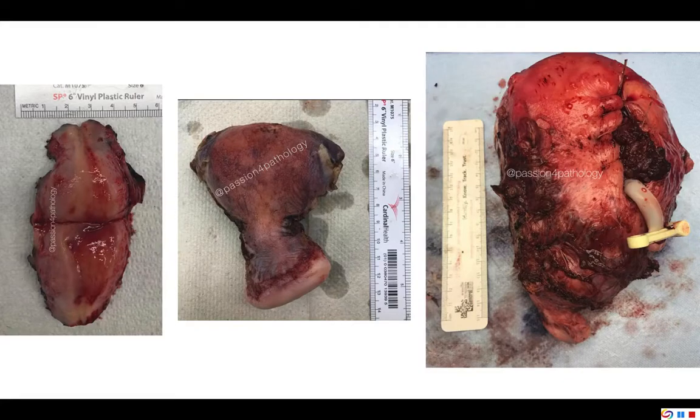So here you can see in the middle, this is a fairly normal sized uterus. The rulers are in here for comparison. This on the right is a uterus right after a woman gave birth. So this is the umbilical cord, the placenta. This is the C-section site, and this is her uterus. This woman had to have a hysterectomy because she had uncontrolled bleeding.